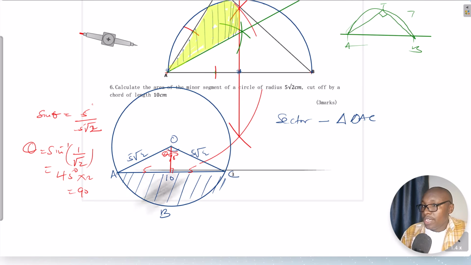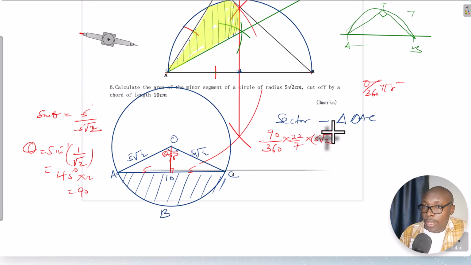So how do you get the area of the sector? We get it by theta over 360 times pi r squared. The angle at the center is 90, divided by 360, times pi, times the radius squared. The radius is 5√2 squared. So that is the area of the sector. Then we subtract the area of the triangle.